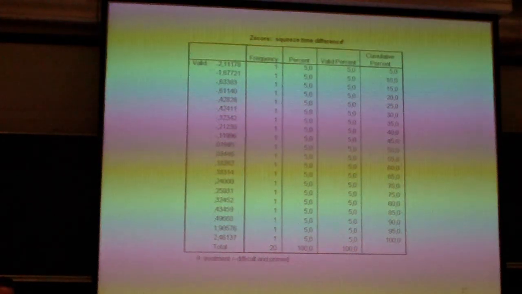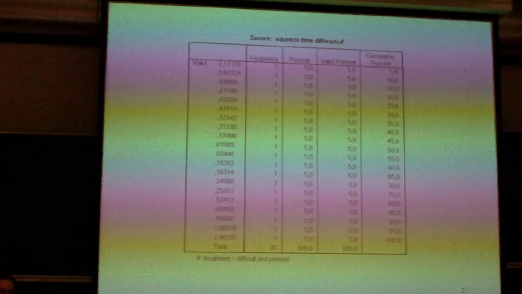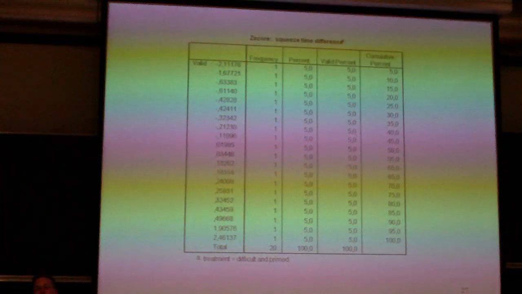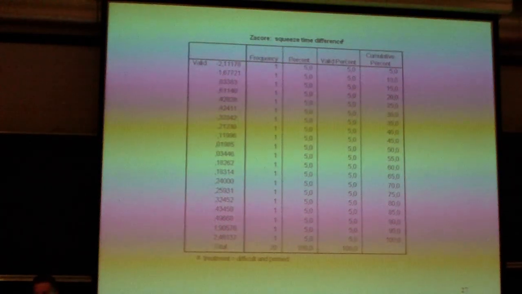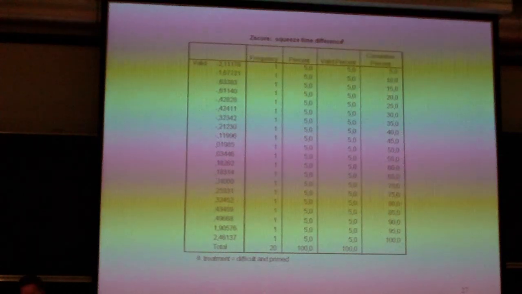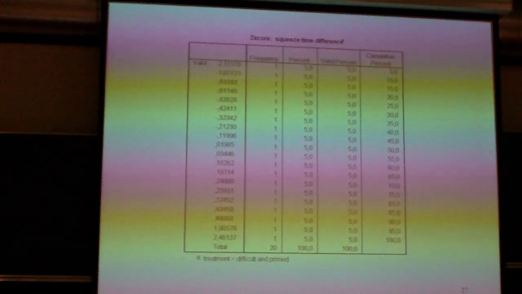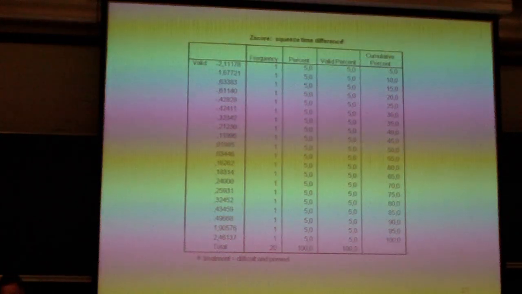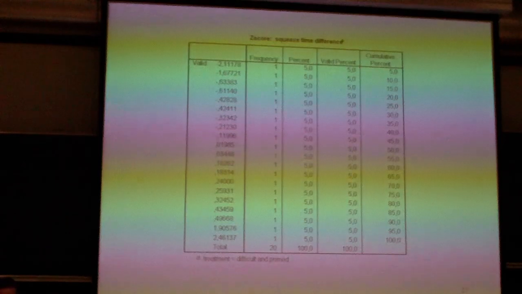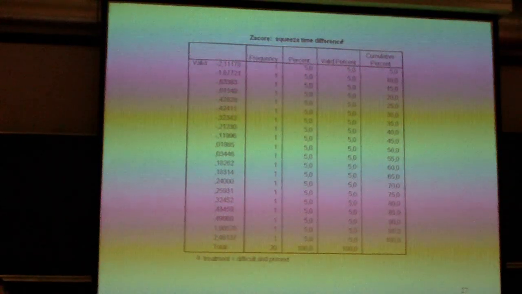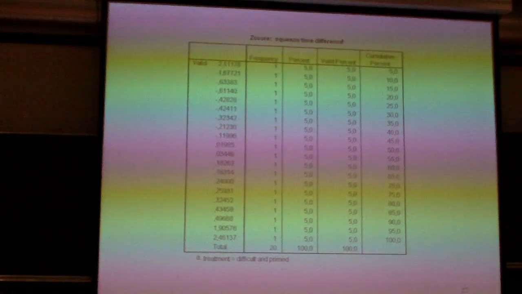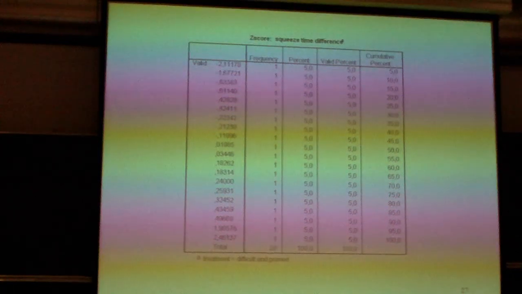So then immediately you conclude that this particular person is not representative of the population that you want to generalize to, so you have every reason to take that particular observation out.